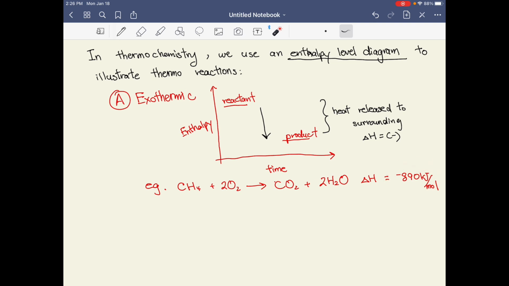Where did I get this number from? Well, I got this number from a book, where some dude already has done this experiment, and he did it when? Where? How? Well, a standard condition, of course, so I need to put a naught here. And since this is a combustion reaction, I write C over here.